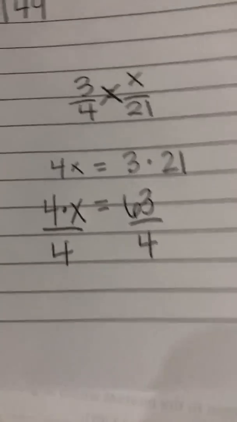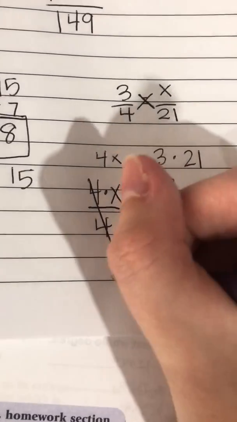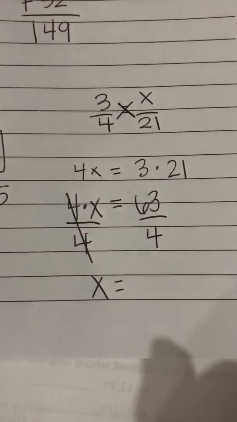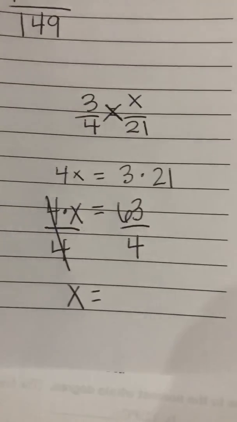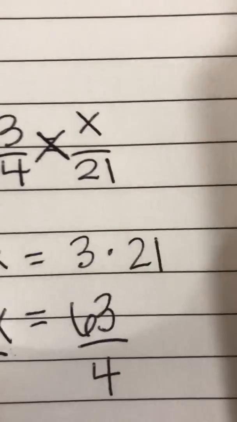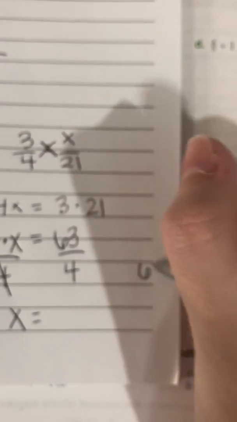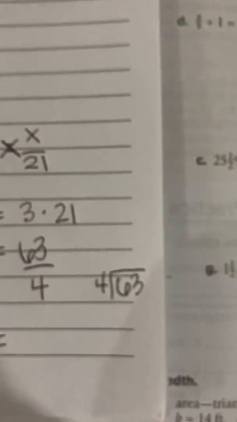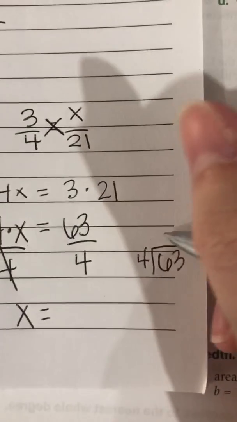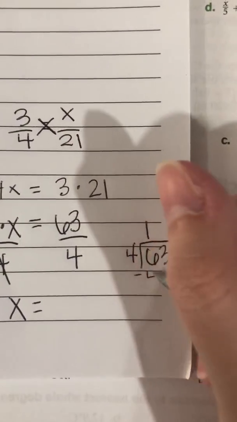Okay, now these cancel out, so all I'm left with on this side is x. Now, 63 over 4. When we have an improper fraction like that, we divide. So we do 63 on the inside, 4 on the outside. 4 into 6, one time.